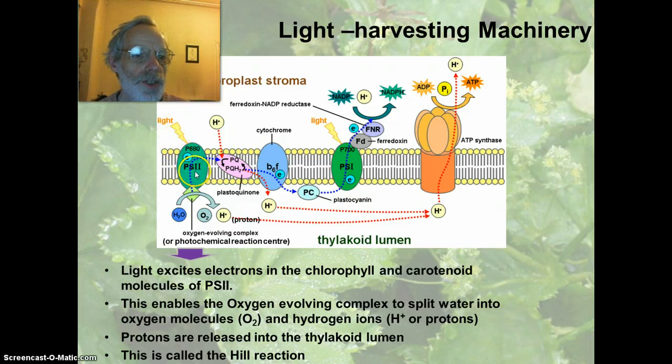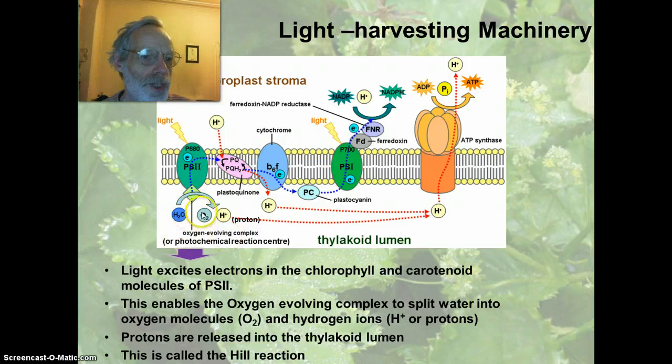Light excites the chlorophyll and carotenoid molecules of PS2. This enables the oxygen evolving complex to split water into oxygen molecules and hydrogen ions or protons, because a hydrogen atom has one proton, one electron. If you take off an electron, you're left with a single proton.